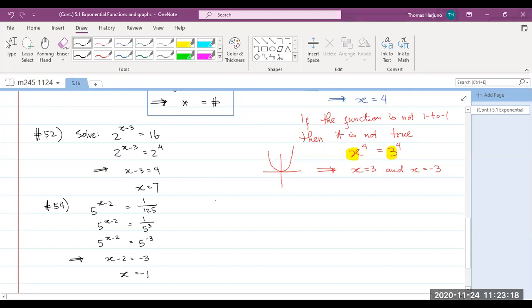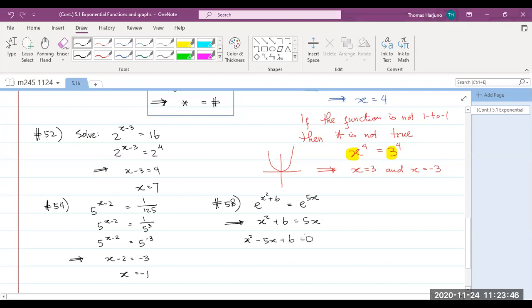Now it may get more complicated than this, but not that much more complicated. Number 58, for example: e to the x squared plus 6 equals e to the 5x. They already have the same base. Because they are equal, the exponents must be equal. Then from there we solve as usual, just like solving a quadratic equation.